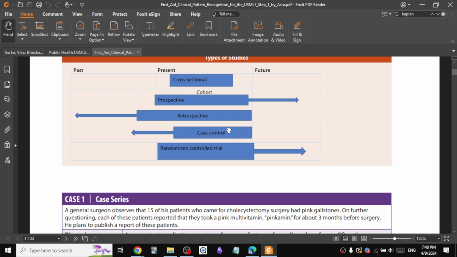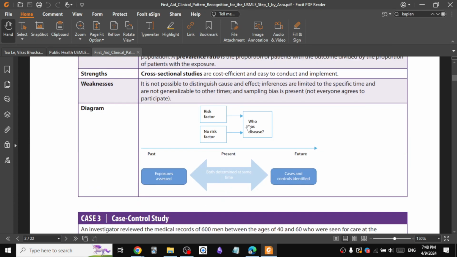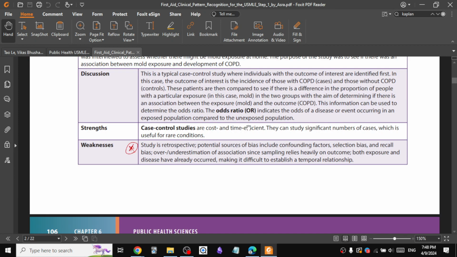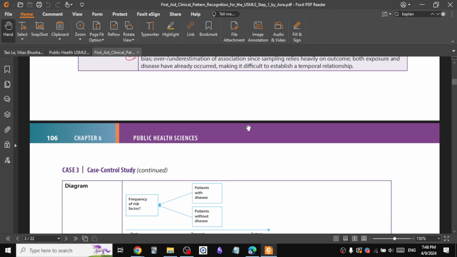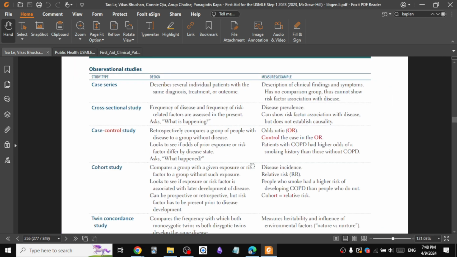A randomized control trial follows the prospective cohort. You will have to go through a lot of examples just to familiarize yourself, because they do try to trick you, but once you understand the basis, it's going to be easy.